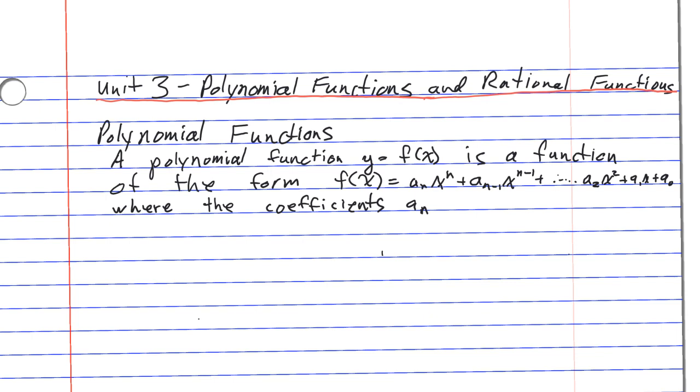And when I'm talking about the coefficients, we're talking about the coefficients an, an minus 1, an minus 2, all the way down to a of 2, a of 1, and a naught, which are real numbers like decimals, square roots, all those things.